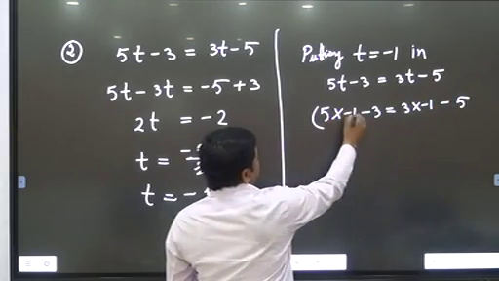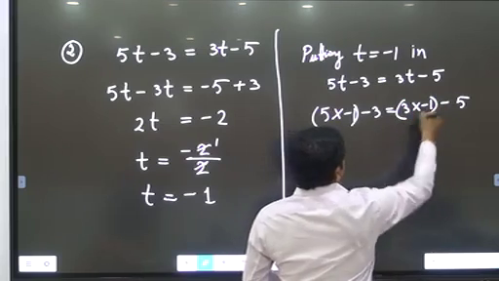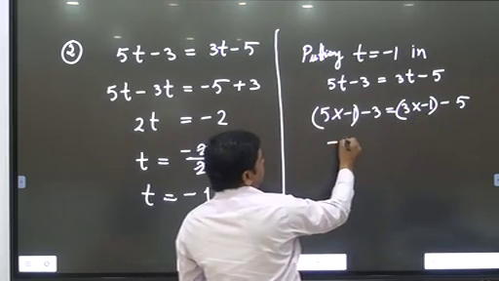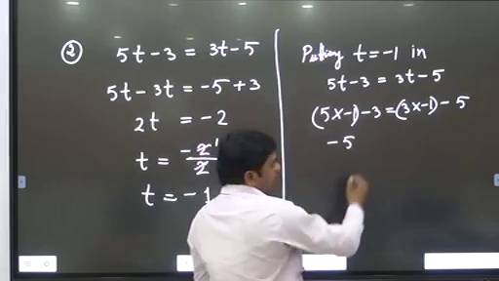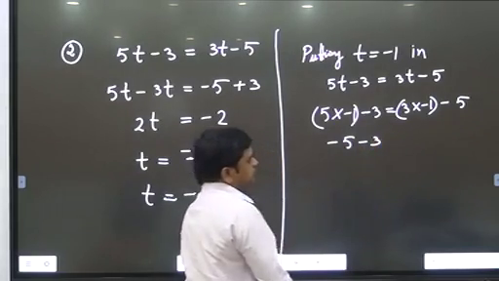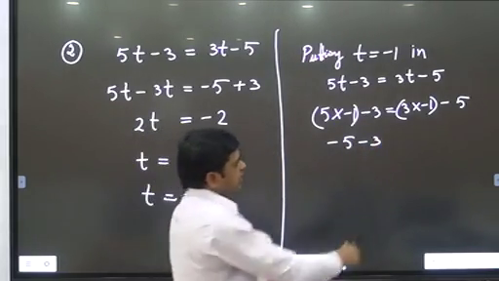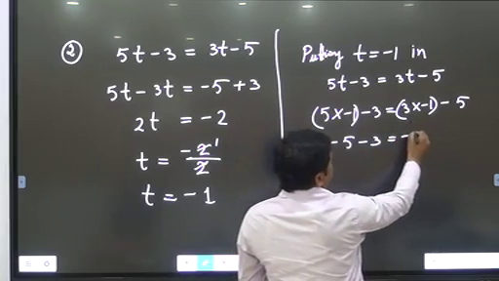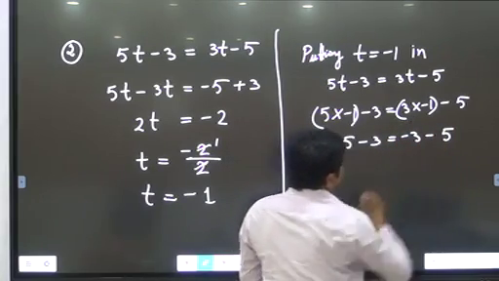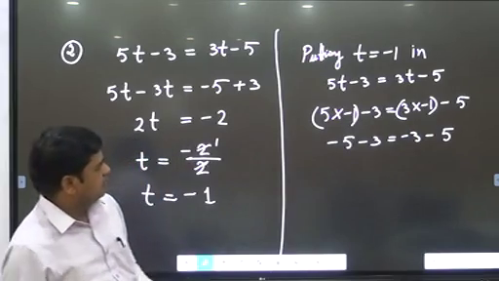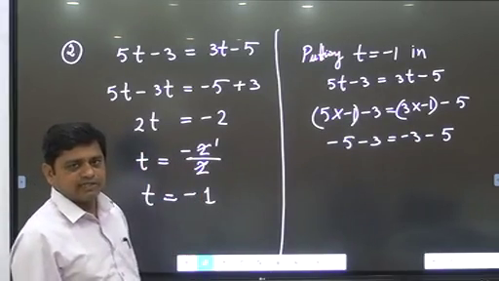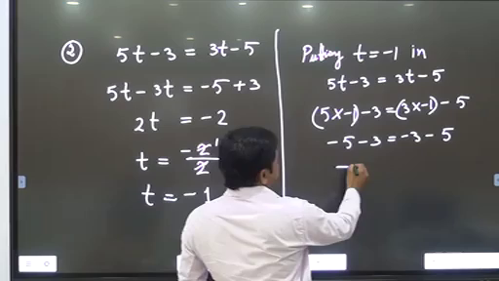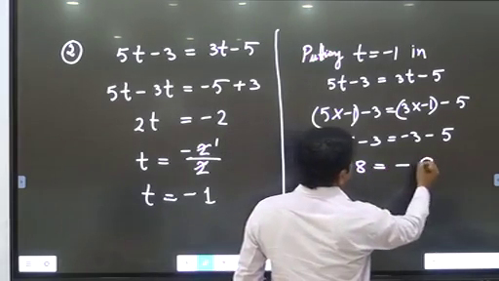So 5 into minus 1 is minus 5 and minus 3; here 3 into minus 1 is minus 3 and minus 5. You can check both sides are equal: minus 8 equal to minus 8.